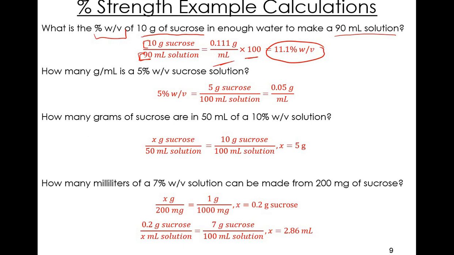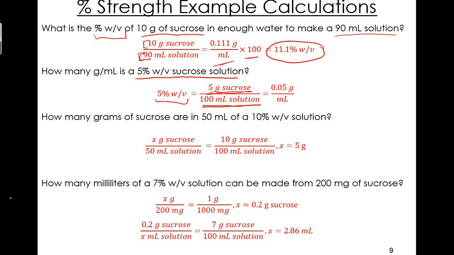The next problem goes in the opposite direction. We're given a percent concentration of the sucrose in solution, and we're asked to find a decimal value with units of grams per milliliter. The 5% weight per volume is 5 grams of the active substance in a total volume of 100 milliliters.